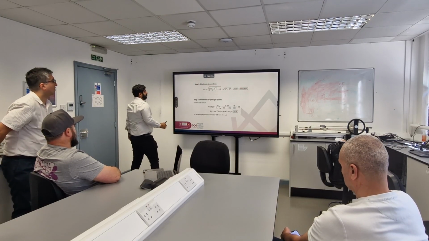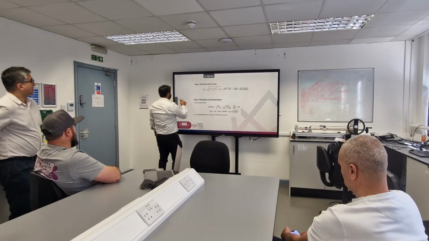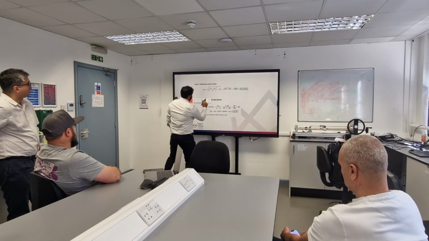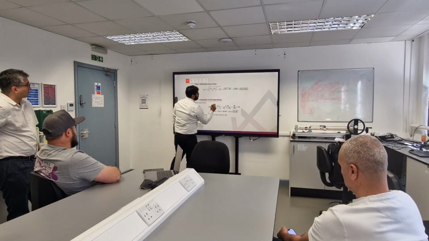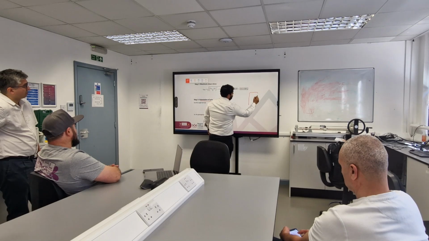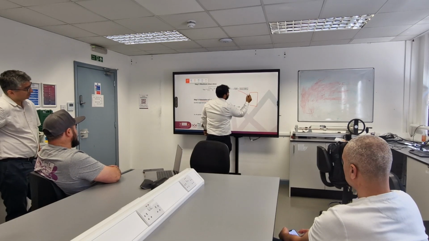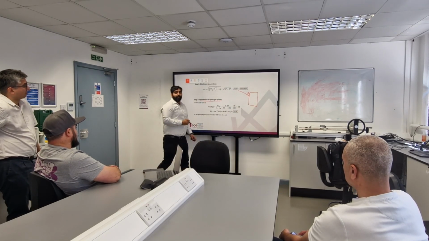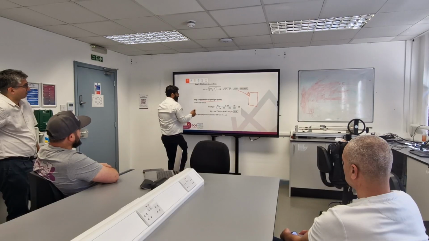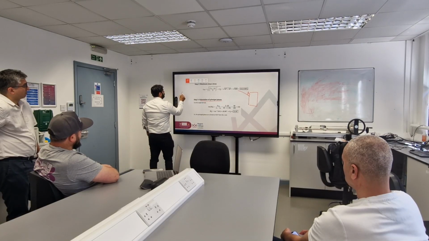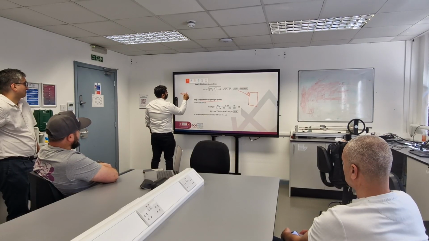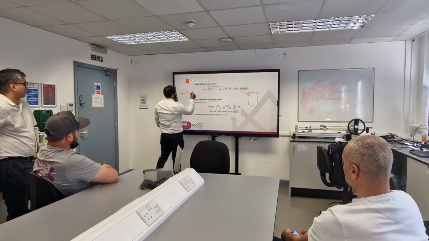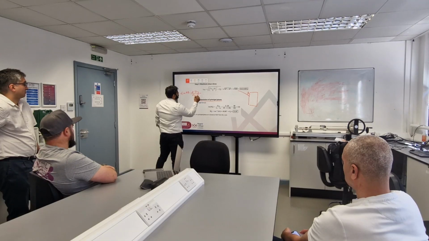Now the third point, we need to calculate the orientation of principal stress, at which angle the forces are applied, and it is making a specified angle with the x-axis or y-axis. So the formulation is tan of 2 theta is equal to 2 tau xy divided by sigma x minus sigma y.